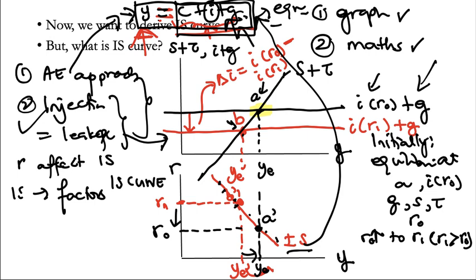Next. So we want to look at the second method, which is the mathematical expression of IS. Of course, before I can show the expression of IS in mathematical form, I need to derive it. Okay. So let's use a plain whiteboard here.